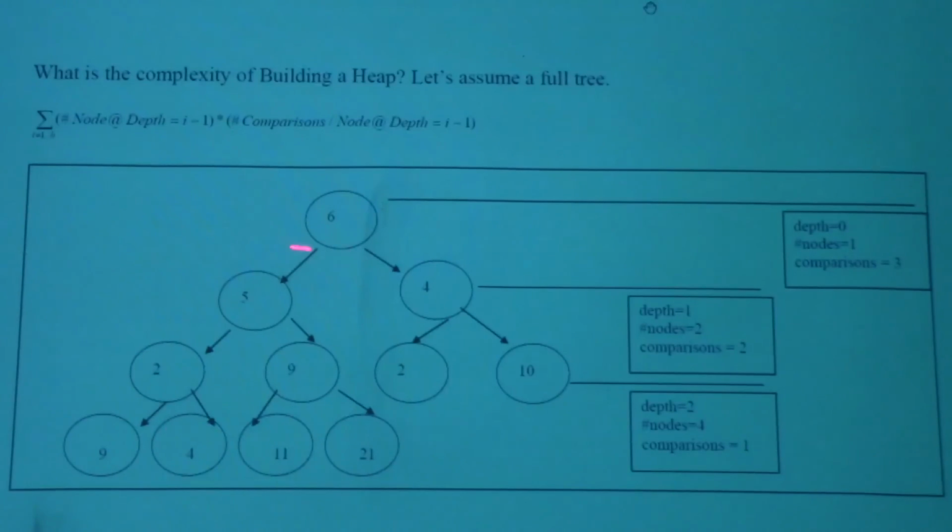So the number of nodes is increasing exponentially as a power of 2, so it's 2 to the i, right? And what's going on with the comparisons? It is decreasing linearly.